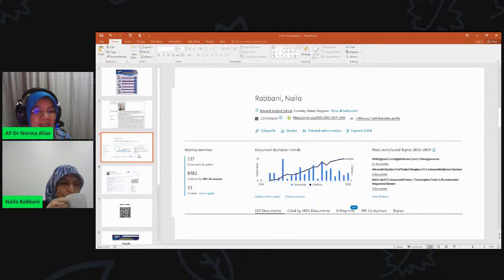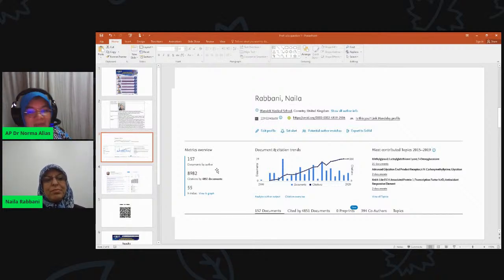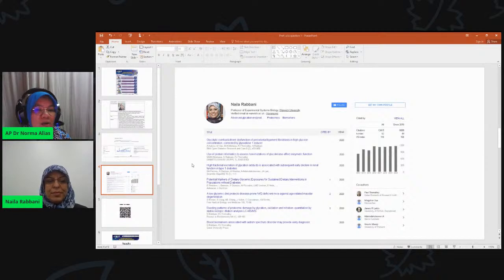You can see the H index in Scopus is very high, 55, and the citations increase every year. When you look at Google Scholar, the H index is very high, 62, with 12,415 citations.